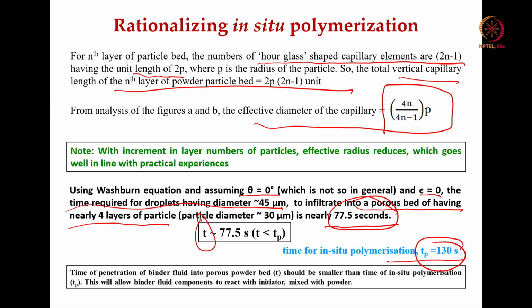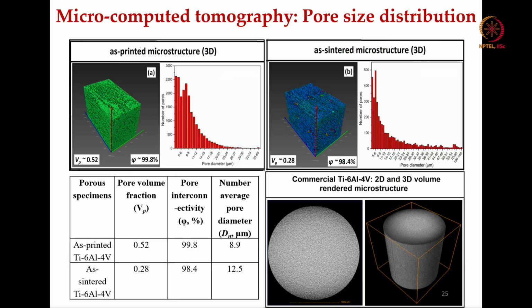Since the time of penetration of the binder fluid into the porous powder bed should be smaller than the time of the in situ polymerization, this will allow binder fluid components to react with the initiator mixed with the powder. So, these simple calculations essentially validate our theory of in situ polymerization as well as binder efficacy.